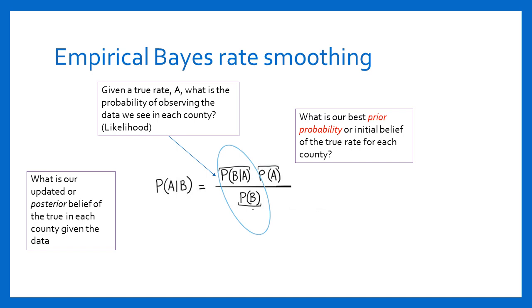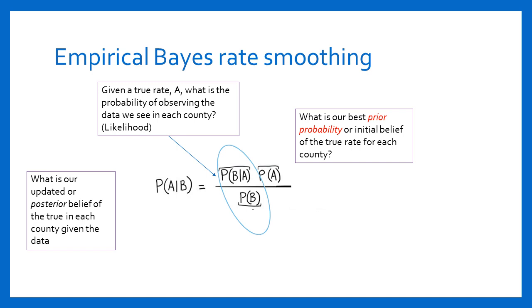I'm not sure how many people have bumped into Bayes' theorem before. I'm going to talk about empirical Bayes, and this slide is not critical to understand to use empirical Bayes, but I just want to include it in case you have seen Bayes' theorem, which is basically a mathematical statement about probabilities.